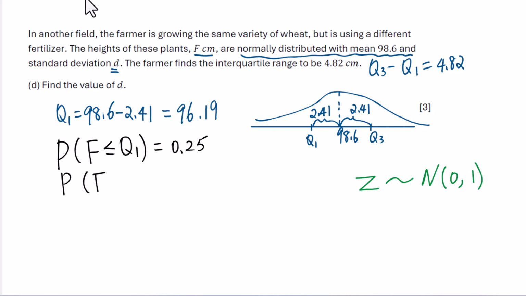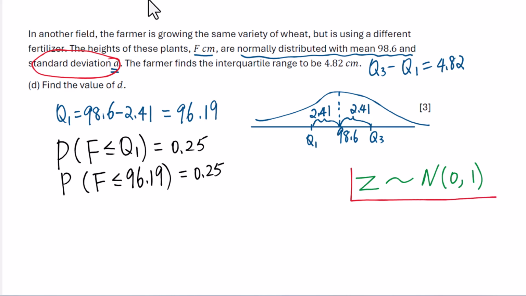We do know probability of F less than or equal to Q1 equals 0.25. Probability of F less than or equal to 96.19 equals 0.25. Since we are looking for standard deviation D, we got to use this z-score. Z equals inverse norm, area is 0.25.